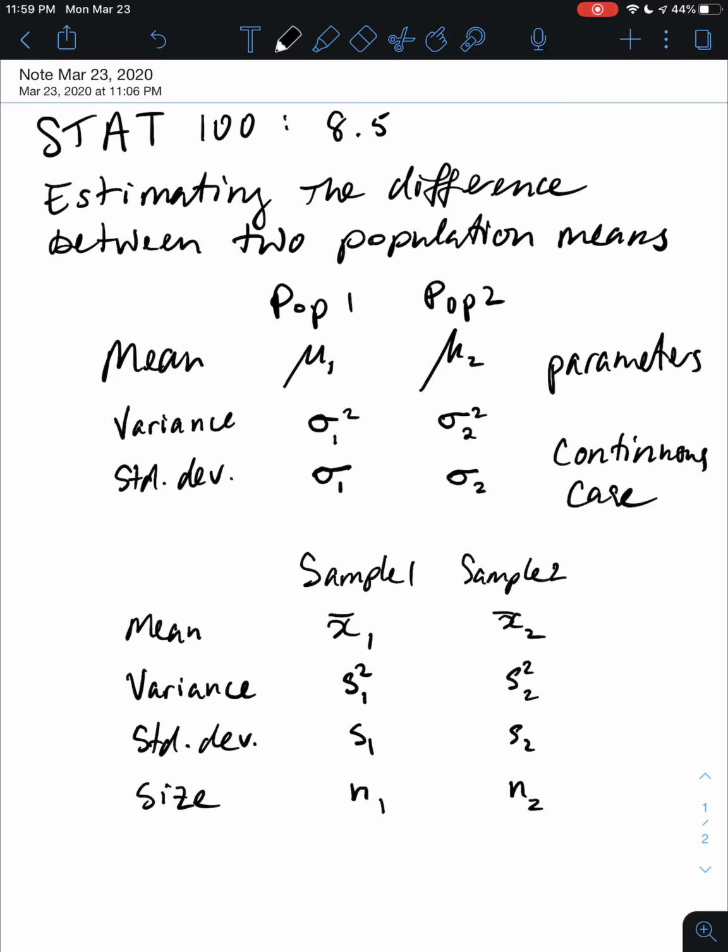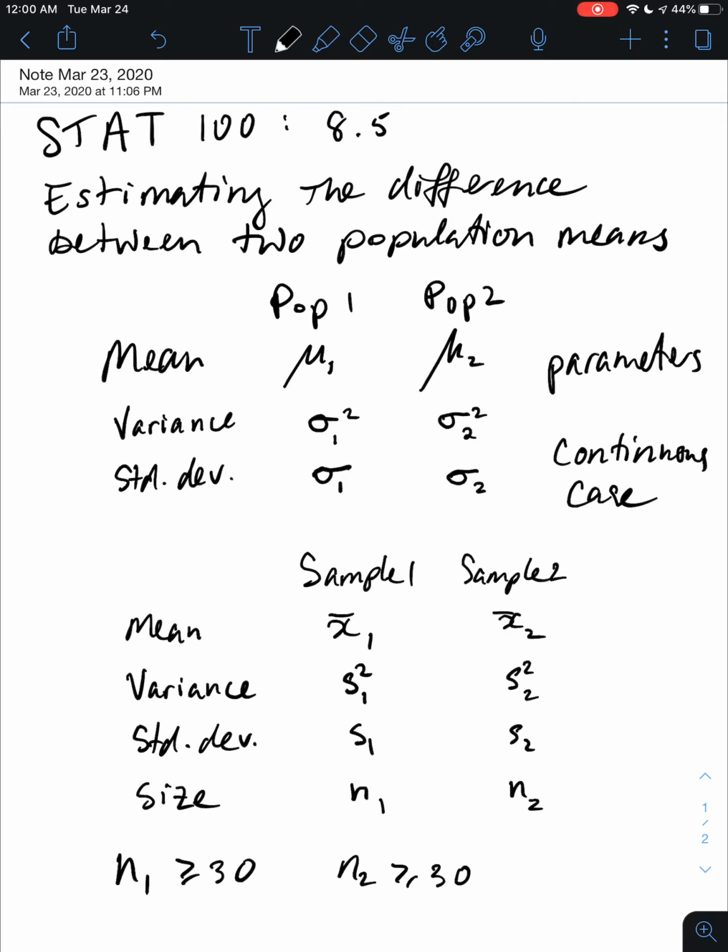One last reminder about this: in this chapter 8, we're talking about large samples, and so that means that both n1 is bigger than 30 and n2 is bigger than 30. So both of our samples have to be large in order for us to use the techniques of this chapter.